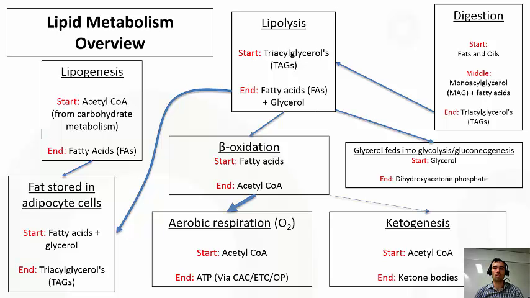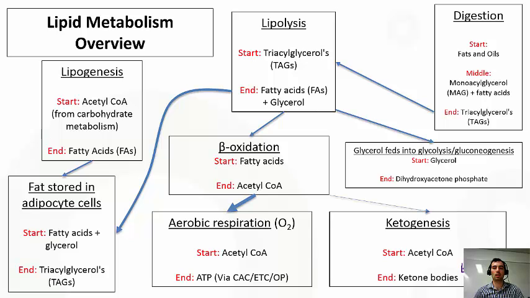If we don't have enough of this oxaloacetate, then instead we'll do more ketogenesis, which leads to that overaccumulation of ketone bodies, where we use a lot of the acetyl-CoA to make ketone bodies. This can lead to firstly ketosis and then eventually to ketoacidosis, which, if left untreated, can lead to coma and death.